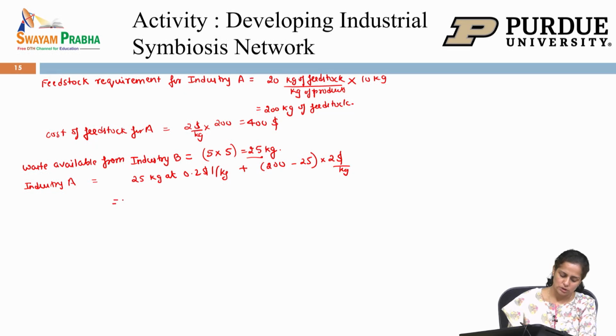So, our new cost for industry A will be $5 plus 175 into 2, which is 350. So, we have about $355 cost of feedstock.